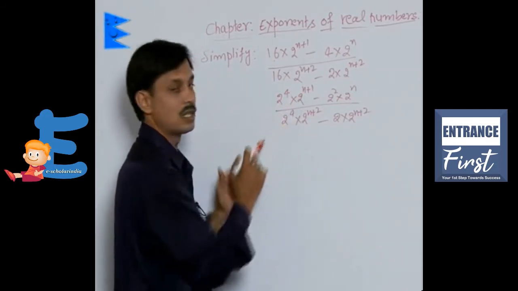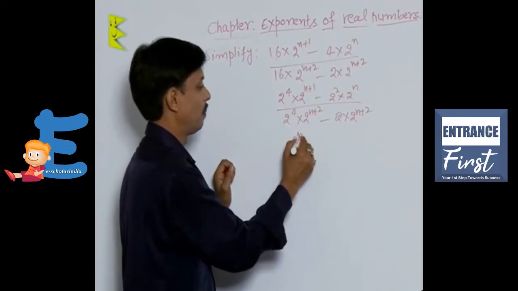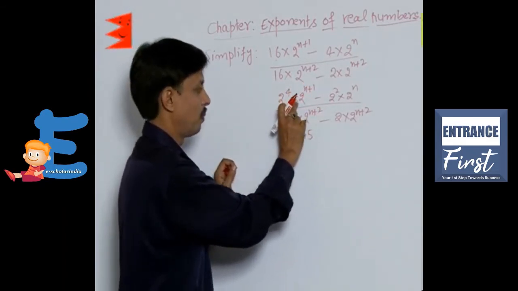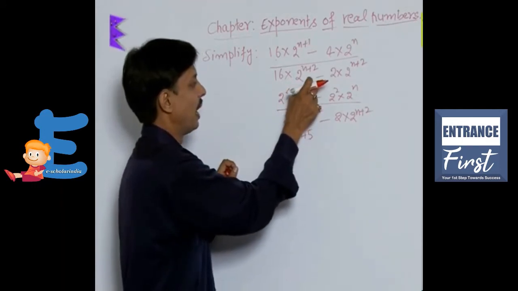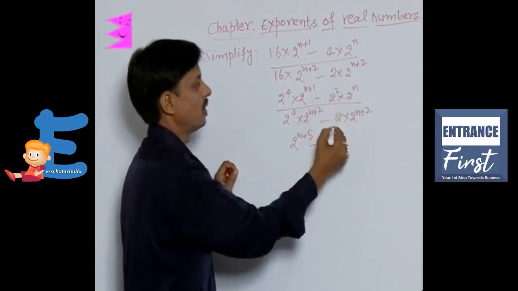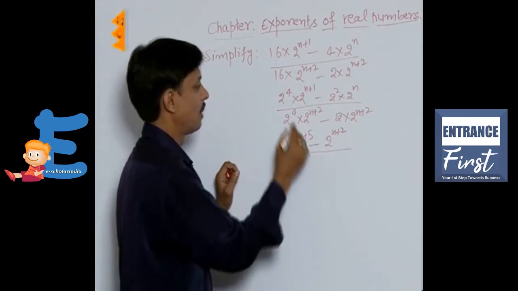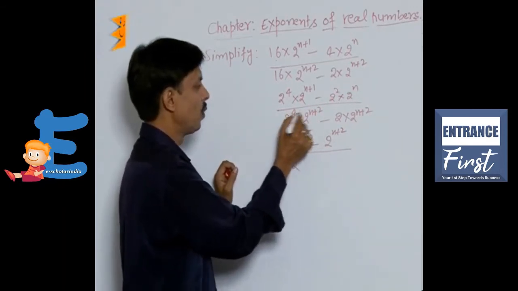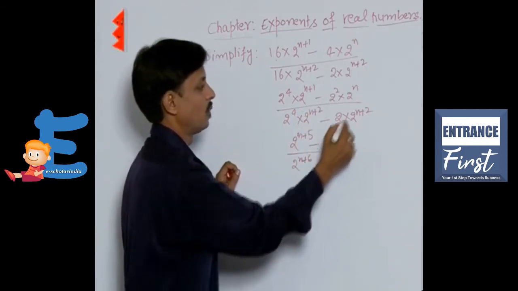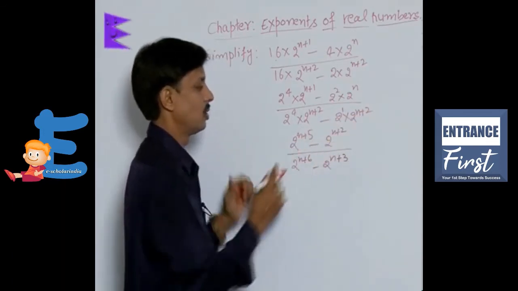Now as the bases are the same, this becomes 2 raised to the power n+5. Here the powers are 4 and n+1, same base, multiplication, powers are added, n+1 plus 4 becomes n+5, minus 2^(n+2) with the same reason. Divided by, this becomes 2 raised to the power what? 4 and n+2 become n+6, minus 2 raised to the power, this is 1 power, n+2, this becomes n+3.